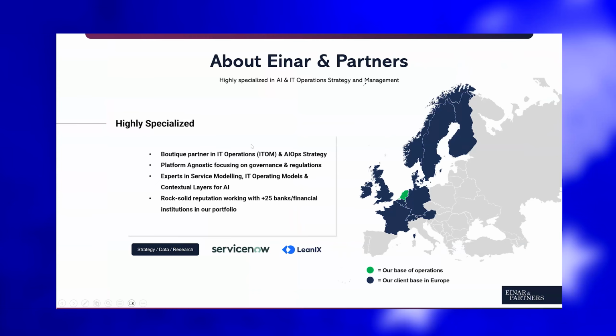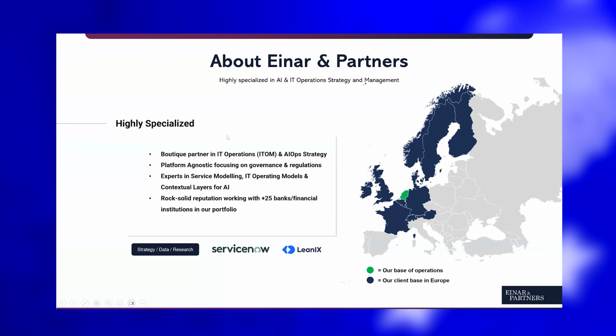For those of you who don't know who Einar and Partners are, or maybe haven't seen us before, very briefly, we are a boutique partner, as we call it, a strategy firm in IT operations management and also AI ops. We're also quite platform agnostic, which means that we are focusing a lot on governance, regulations, etc. But I also like to consider ourselves experts in service modeling, IT operating models, and more these days as well, creating contextual layers for AI and AI agents.